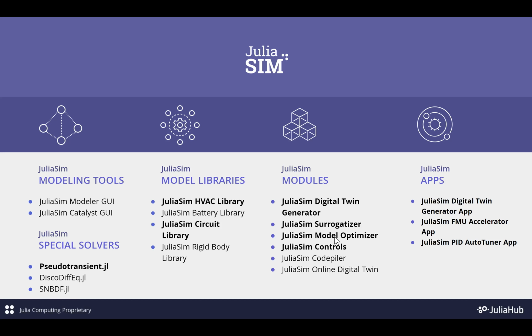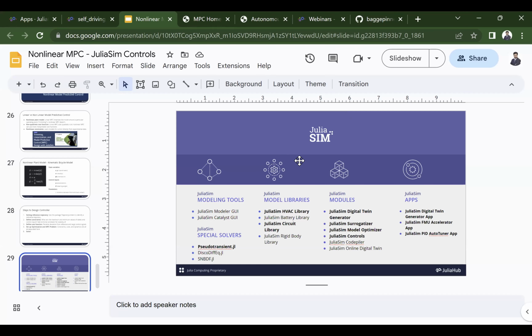So you want to generate surrogates, you want to calibrate your models, you want to use our proprietary solvers, you want to build models, or you want to use one of our apps, JuliaSim has something for you. But I am at the hour mark, so with that, perhaps I shall conclude and see if there are any questions.